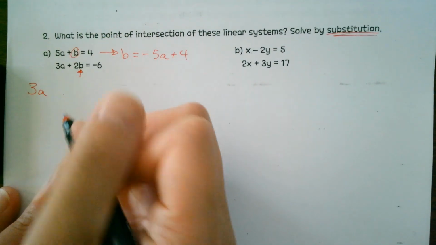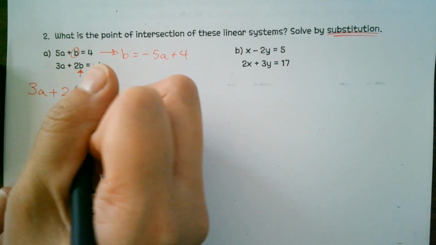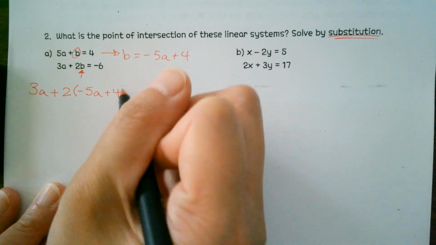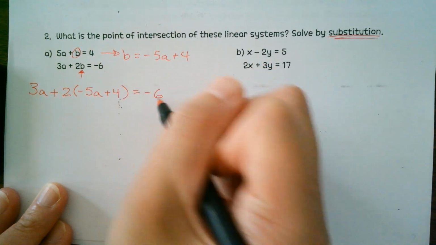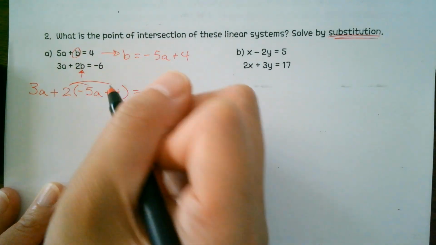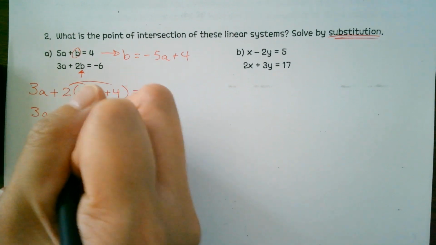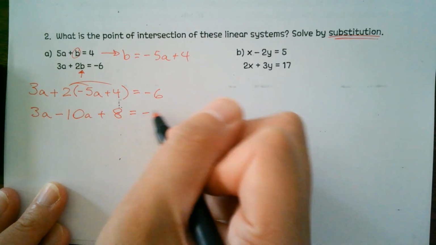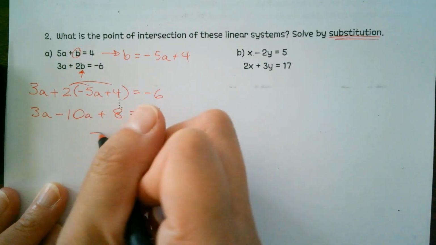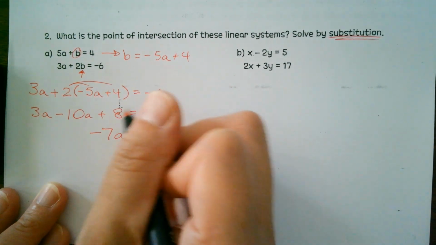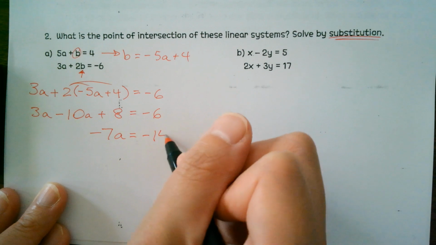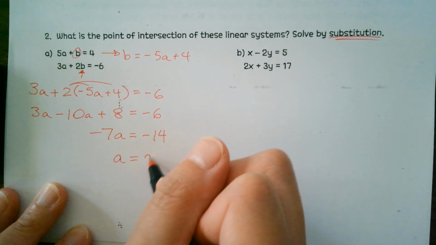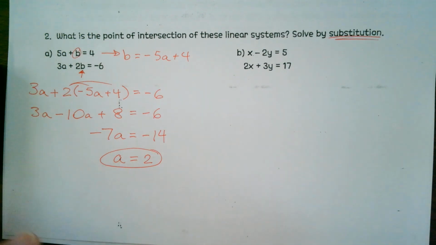So 3a plus 2, make sure you put it in brackets, -5a plus 4, close that bracket, equals -6. Distribute. 3a minus 10a plus 8 equals -6. So -7a equals -14. When you divide by -7, you get a equals 2.